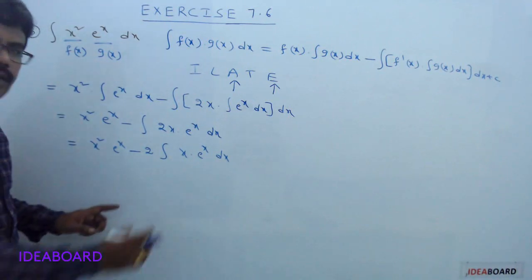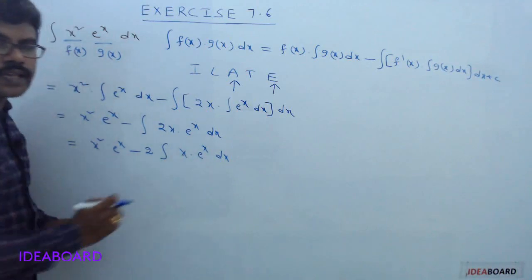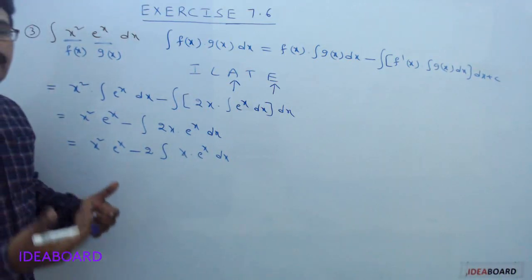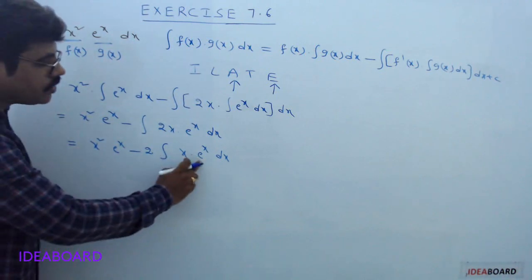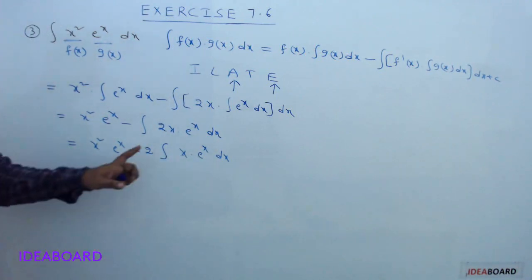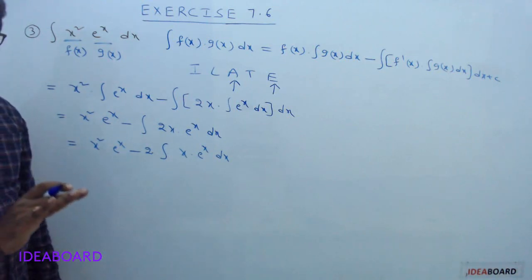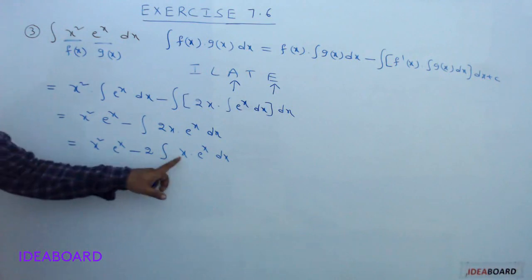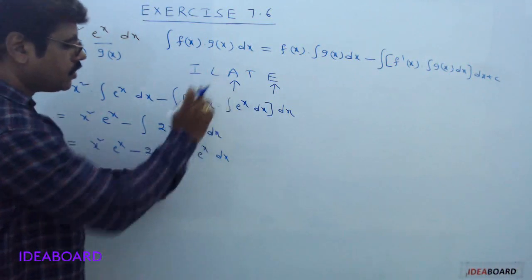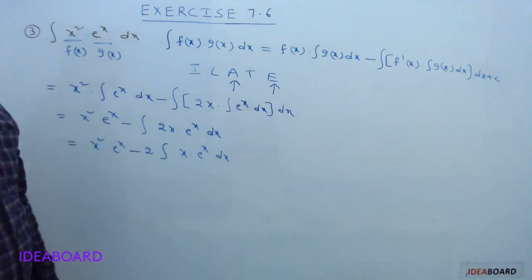Now here again your integrand contains a product of two functions. It means again you have to apply the integration by parts formula on these two functions. Before you apply it, choose the functions f of x and g of x. Here x is an algebraic function, e power x is an exponential function.